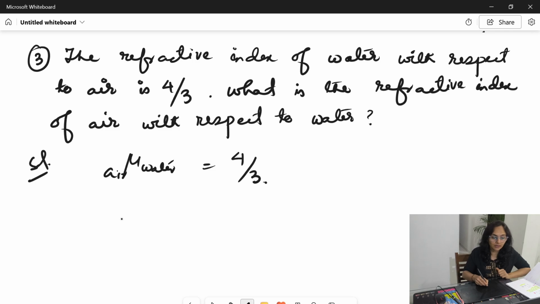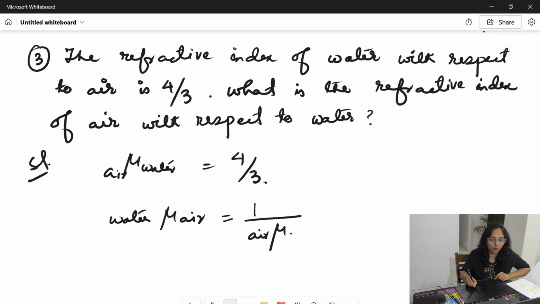We have to calculate water mu air. So the refractive index of water with respect to air is 4 by 3. What is the refractive index of air with respect to water? It is the reciprocal of air mu water.